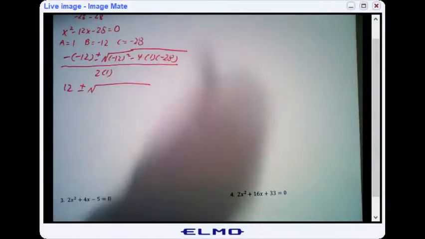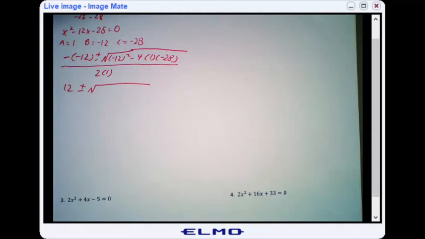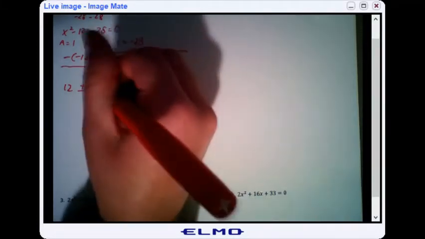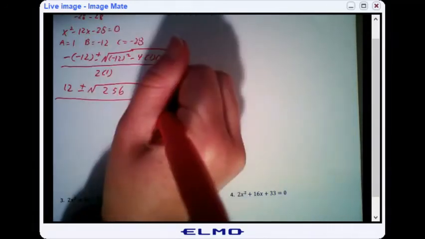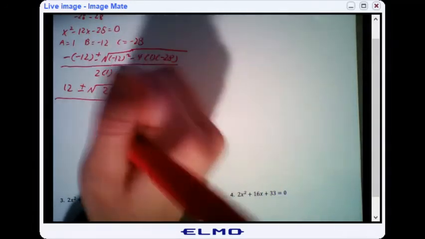So that's going to be 144 plus 112, 256, over 2.